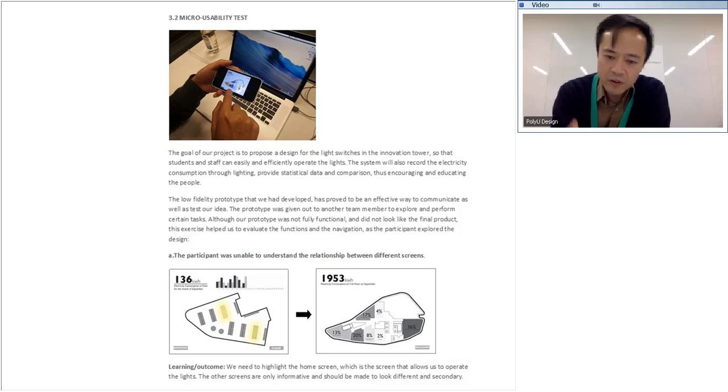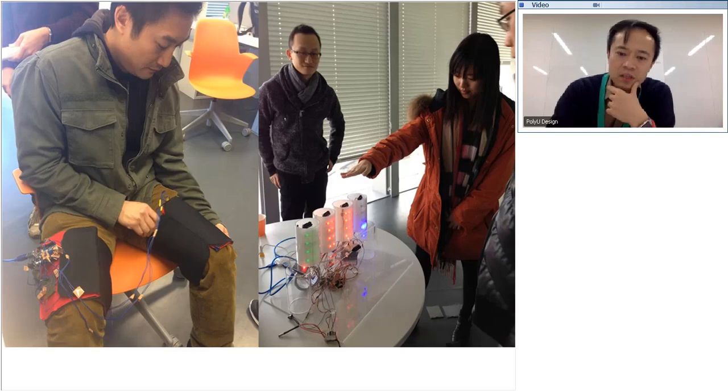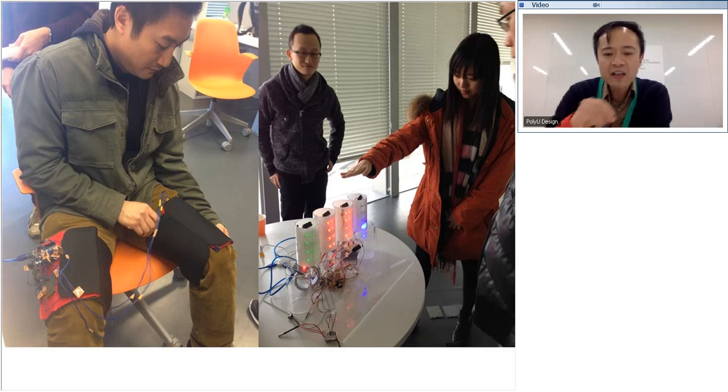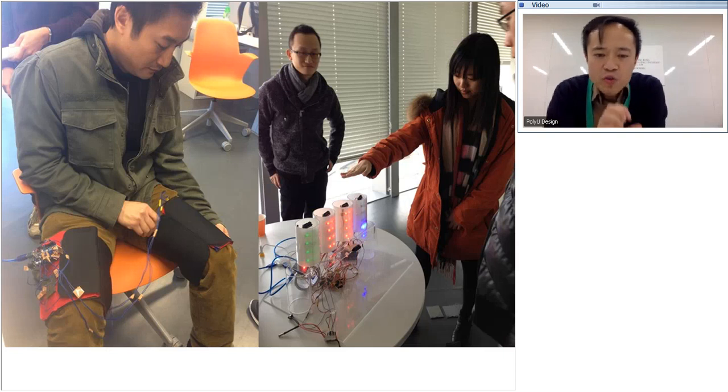Some of them, of course, focus on screen-based prototypes, like this one. But even more of them would spend time on creating tangible, non-screen-based prototypes, so-called beyond the screen.